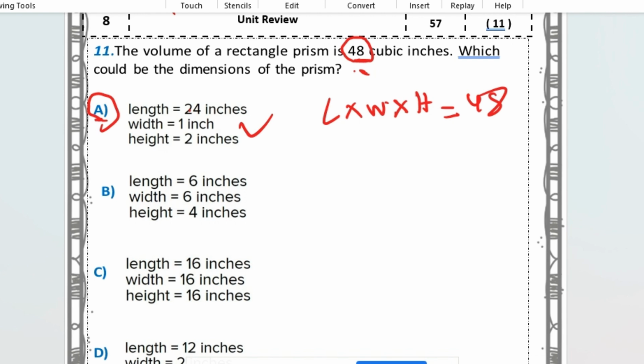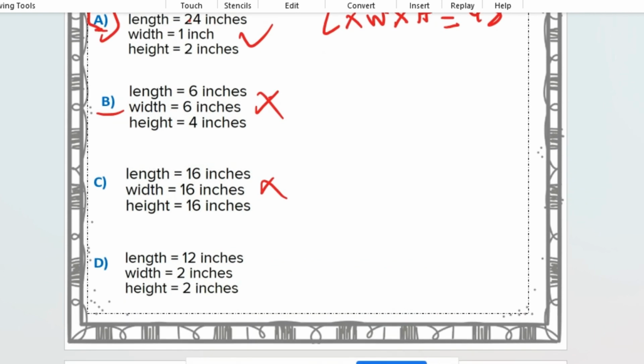Let's try B. 6 times 6 is 36, and 36 times 4 is not 48, so this one is incorrect. 16 times 16 times 16 is 4096, which is incorrect. Lastly, 12 times 2 is 24, times 2 is 48, so this one is correct. So number A and number D are correct.